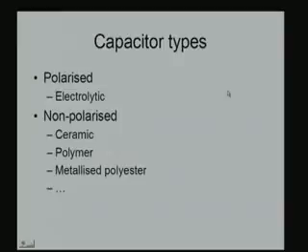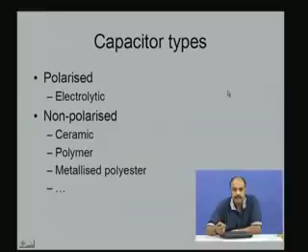The capacitors also come in varied forms, varied types. There are different materials that are used in the manufacture of capacitors. So, you have basically two broad categories of capacitors, the polarized capacitor and the non-polarized capacitor.